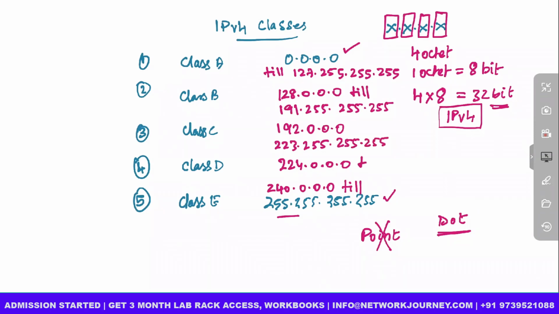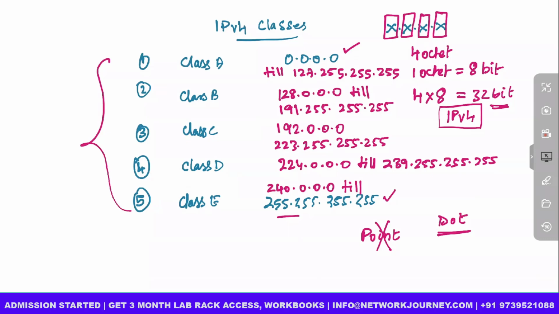Class D starts with 224, which goes till 239.255.255.255. And then class E starts with 240, goes till 255. Okay. So this is how the classes are written.